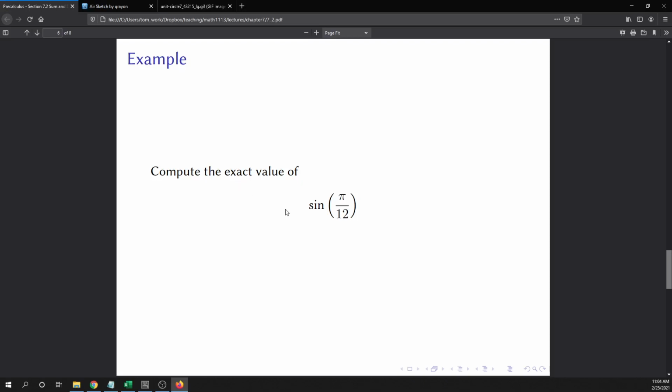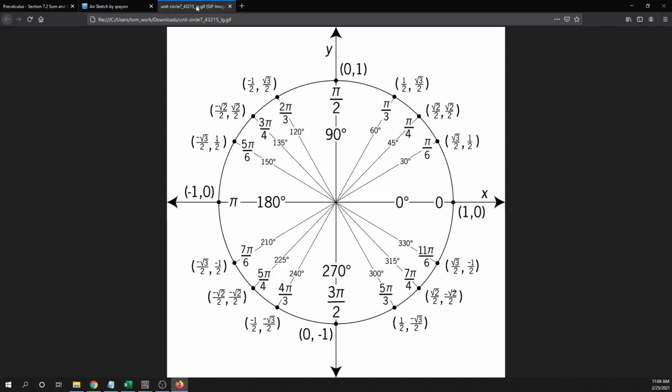So normally, when we go to calculate the exact value of a trigonometric function, we would think about the unit circle. But if we look, pi over 12 is not on here. So what I'm going to have to do is express pi over 12 as a sum or difference.